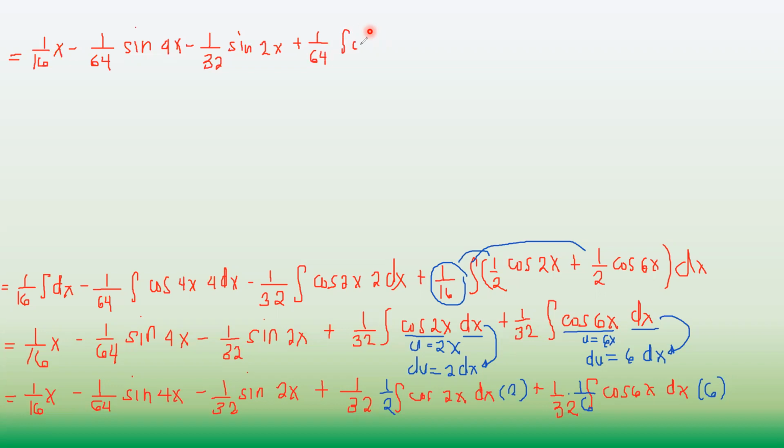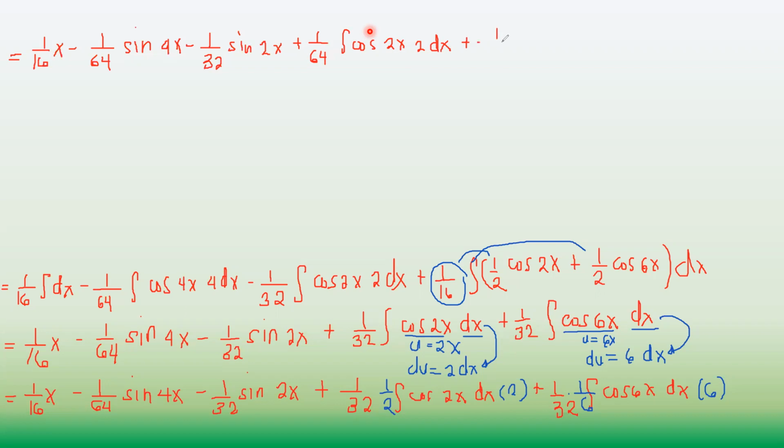Integral of cosine 2x and then 2 dx. Nagtabi ko na si 2 dx times 2, so we have 2 dx plus 1 over 32 times 1 over 6. So 6 times 2 is 12, very 192.